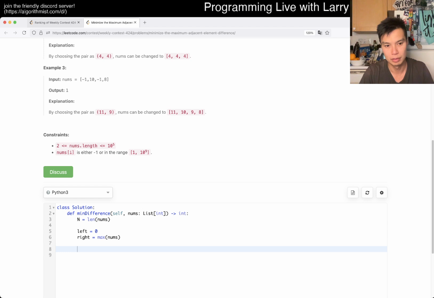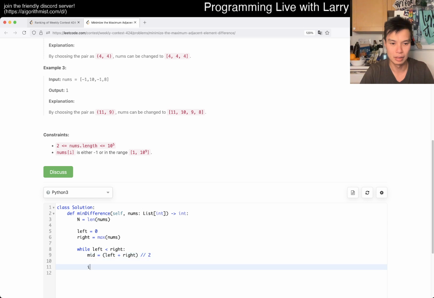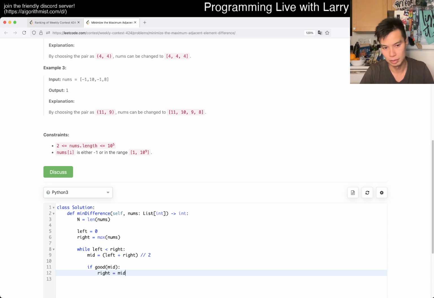I don't know if this is right at all. Okay, so if this is good, we want to try something smaller. Alright, pretty easy, right?